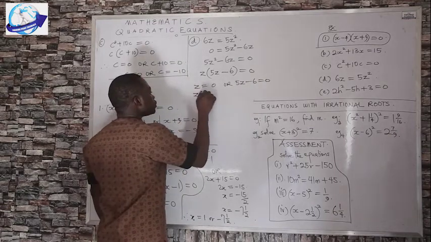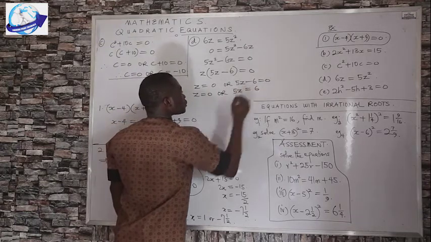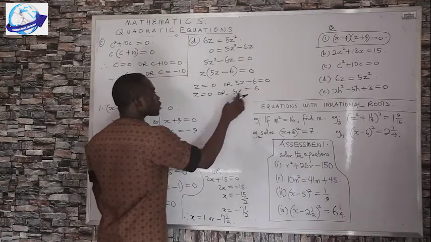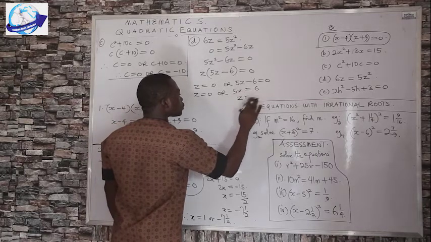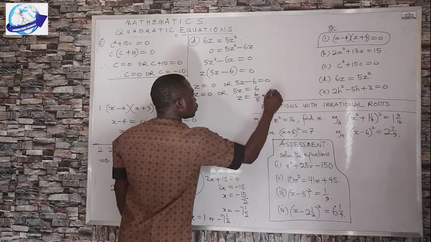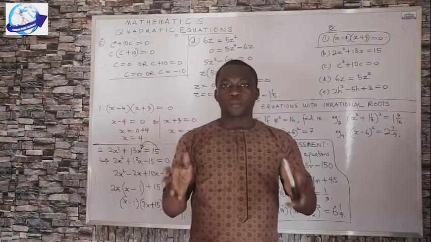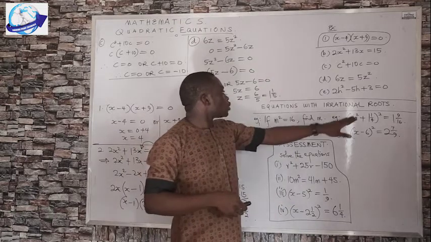So z is 0 or you can say 5z equals 6. So you can still work this out now. So z becomes 6 over 5. So you see, it's a very simple thing. Alright, so you can work this now.